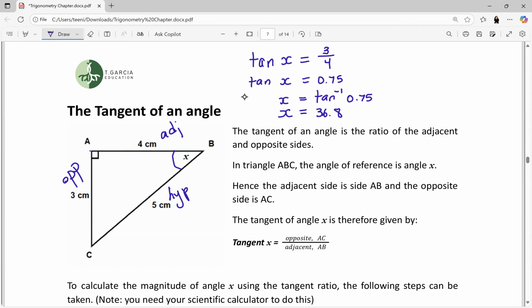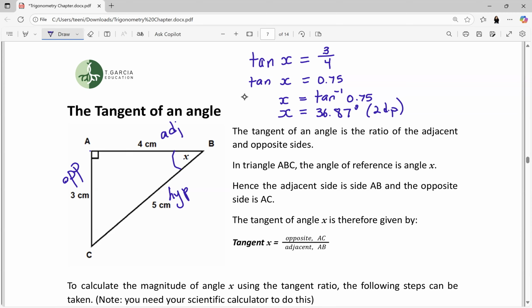Yes, perfect. I'm going to write 2 dp in brackets there. As you can see, you get the same answer for the angle. It's the same triangle, same sides, so it doesn't matter which of the ratios we used since we were given all 3 sides.